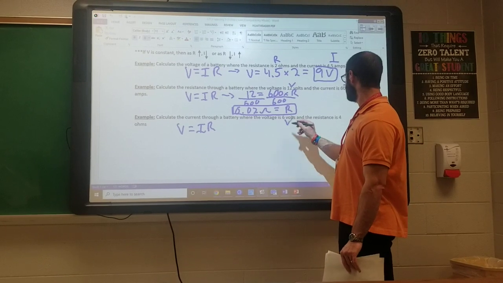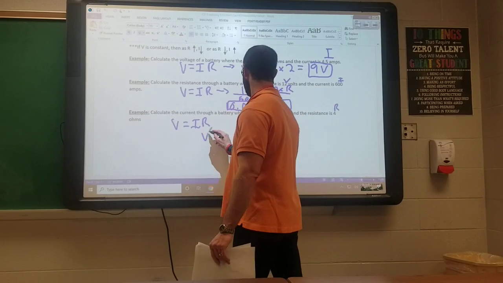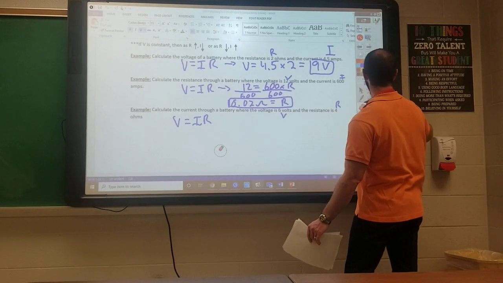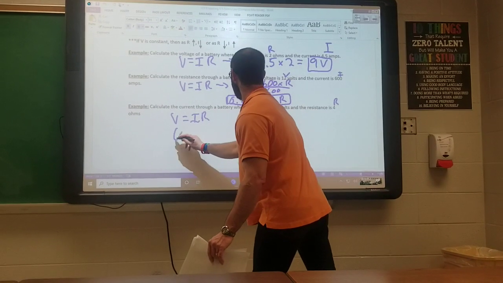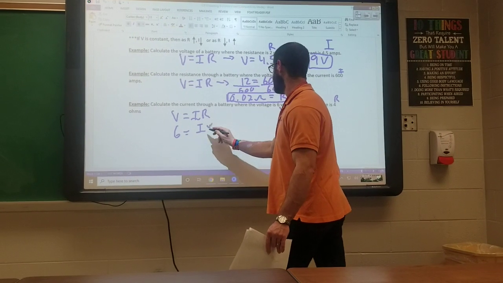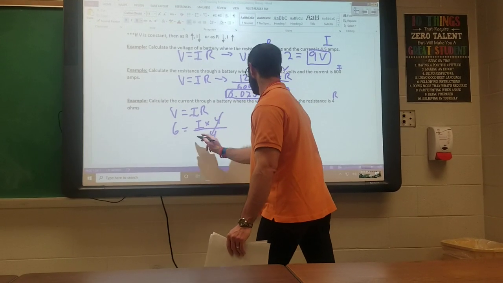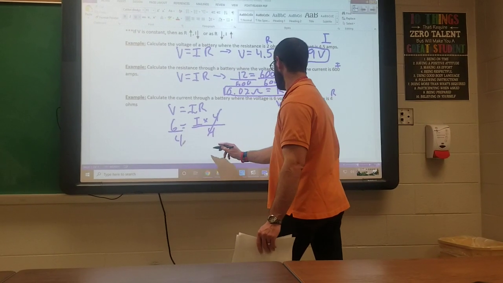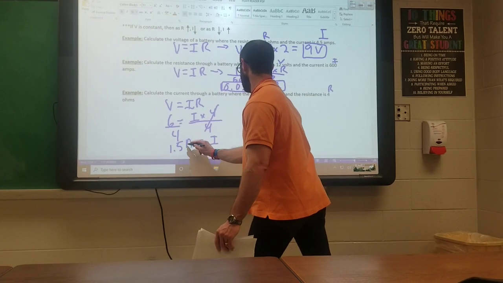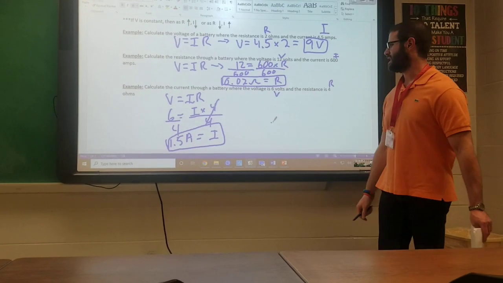We know the voltage, 6 volts, that's V. Resistance, 4 ohms, that's R. So we'd have 6 equals the current we don't know, so I, times the resistance we do know, that's 4. Divide both sides by 4. And what we get is the current being equal to 1.5 amps. Or amperes, right? But we just usually say amps.